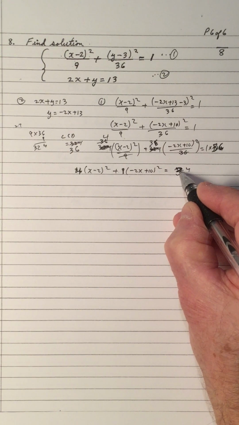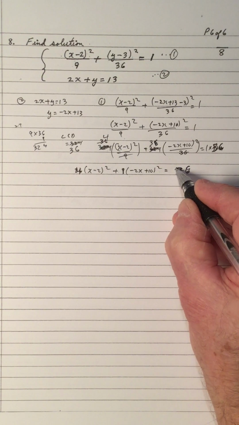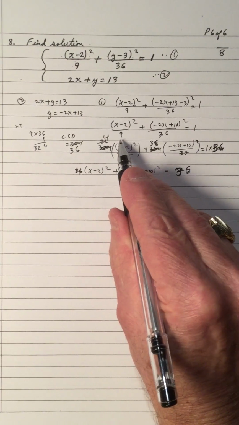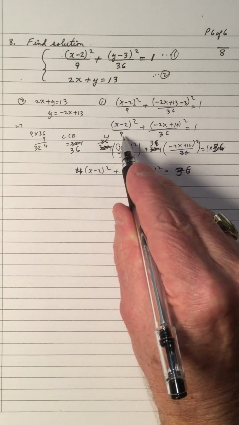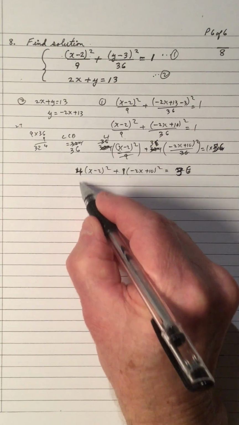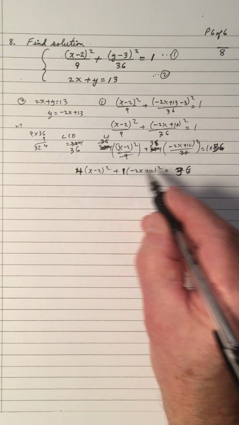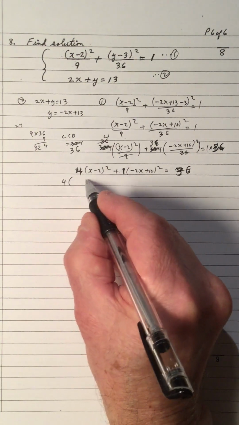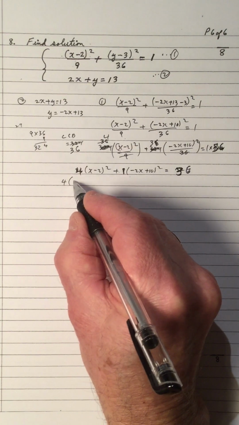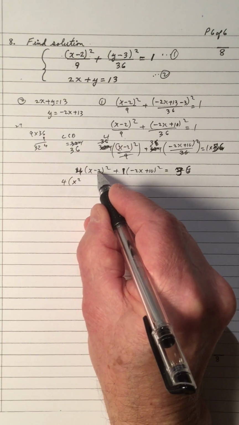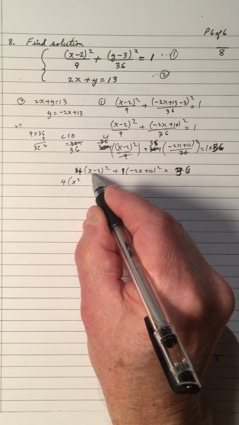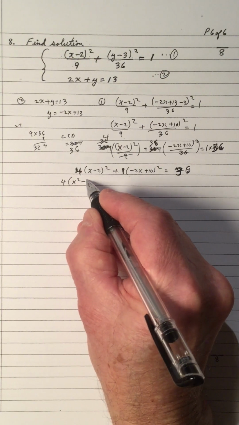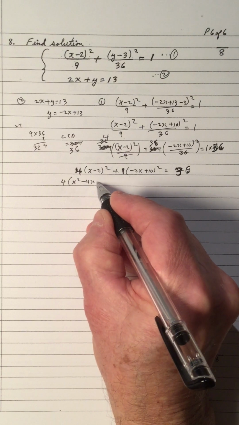Now, I just jumped the gun there and multiplied them, but 36 is a multiple of 9, so we get a 4, and we get a 1. That makes it much easier. So we're going to square this, 4. x squared is... to square this binomial, take the first term and square it, double the product of the two terms, and square the last term.